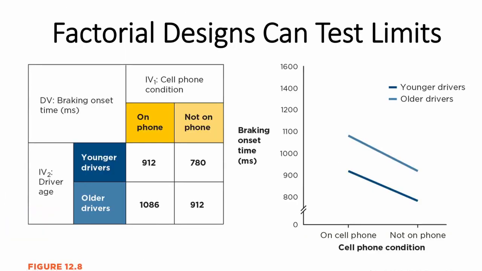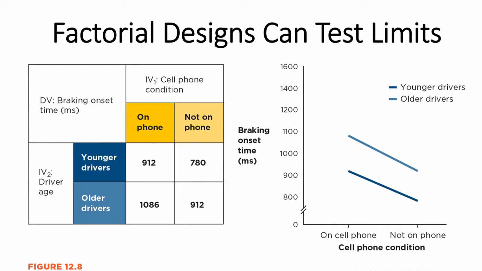All right. So for our next slide, we want to look at how factorial designs can test limits. Sometimes researchers are conducting factorial designs specifically to test whether an independent variable affects different kinds of people or people in different situations in the same way. That starts sounding quite a bit like looking at generalizability, which it very much is.